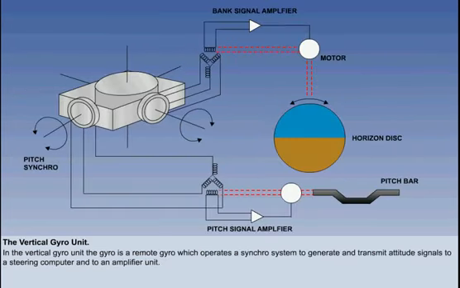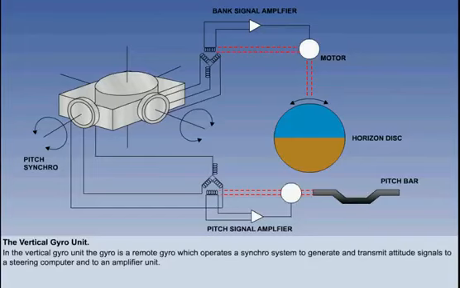Let's look now at a further development of the gyro horizon, known as the vertical gyro unit. The vertical gyro unit can also be known as the vertical axis gyro, the remote vertical gyro, or the vertical axis data generation unit.